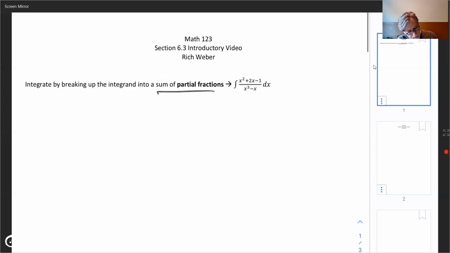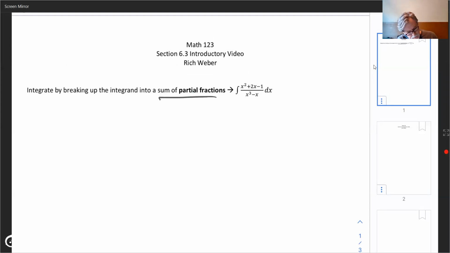Okay, the way I like to lecture on it is let's take this integral, rewrite it. So it's a busy one, isn't it? x squared plus 2x minus 1, and then downstairs is x cubed minus x. The first thing I notice is that the degree below is bigger than the degree above.